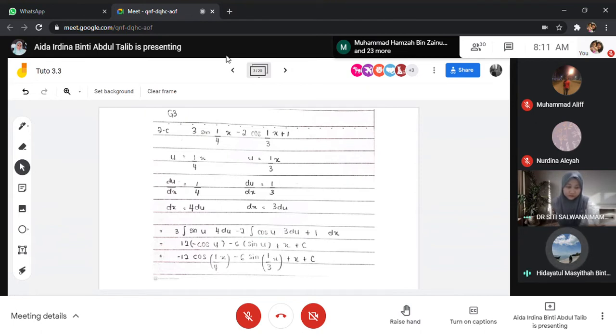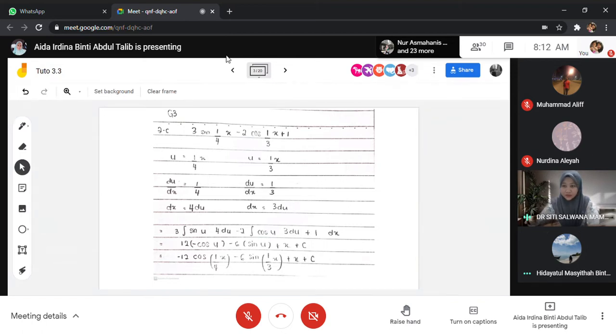Cos u, integrate juga dapat sin u. And integrate 1 dapat x plus c. So, final answer negatif 12 cos u ganti balik 1 over 4x minus 6 sin ganti balik juga u kat situ 1 over 3x plus x plus c.